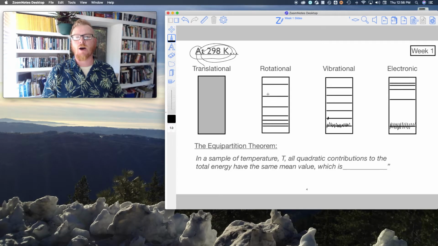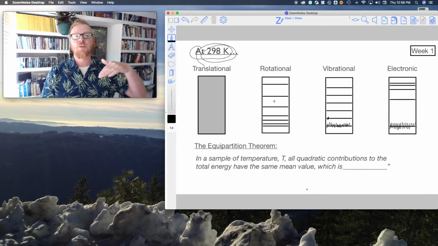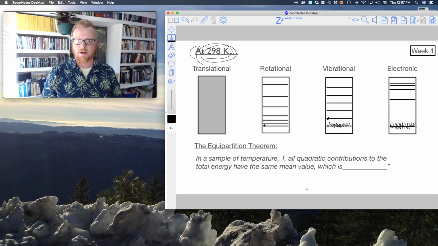Now, as it turns out, there's a distribution in the rotational levels. And that's because the levels are very finely packed together. So that was one of those postulates, right? The finer the levels are together, the closer they are together, the more of the upper lying states will be populated. So what we will actually see is an actual distribution.